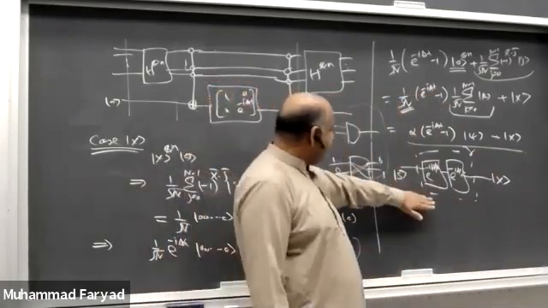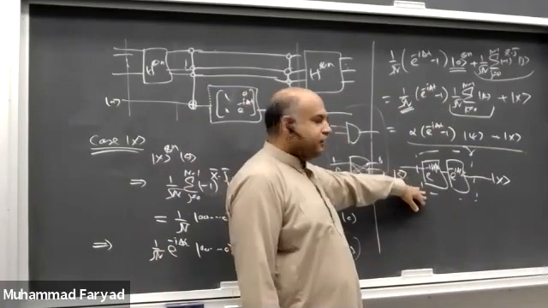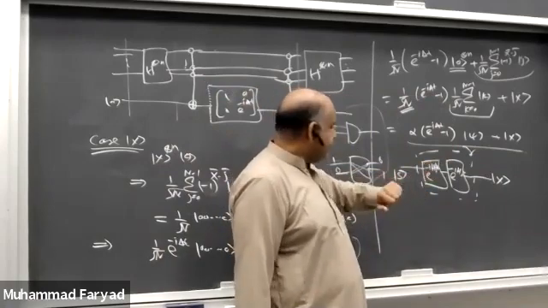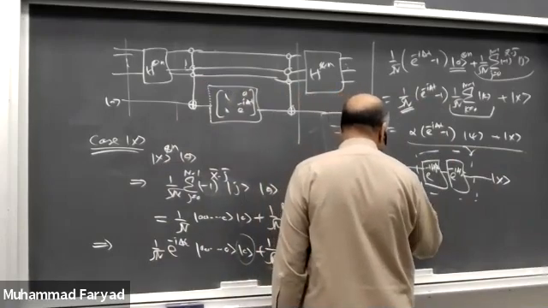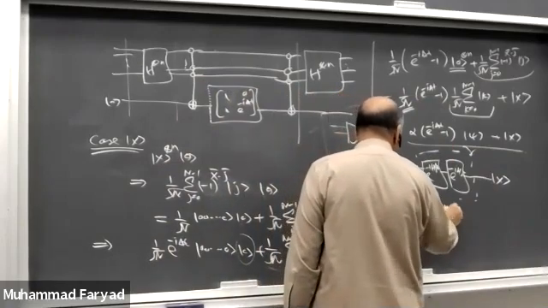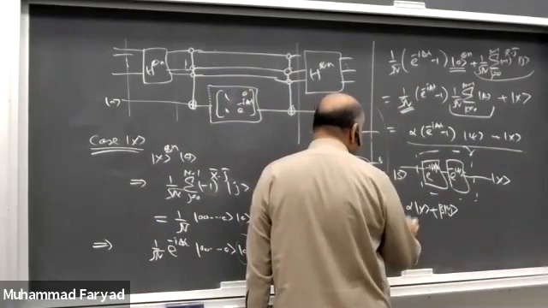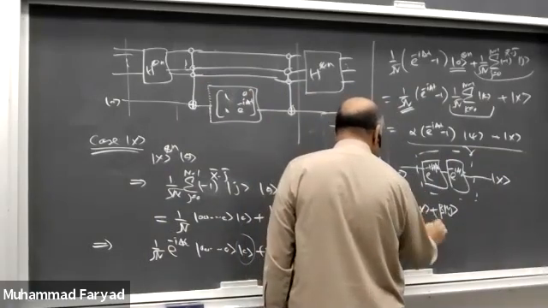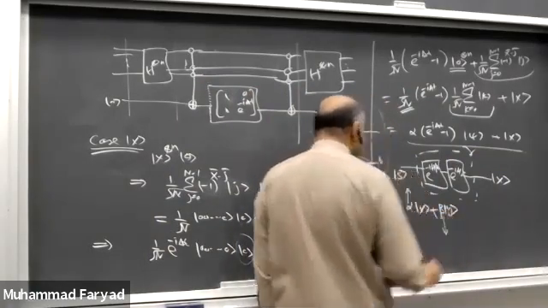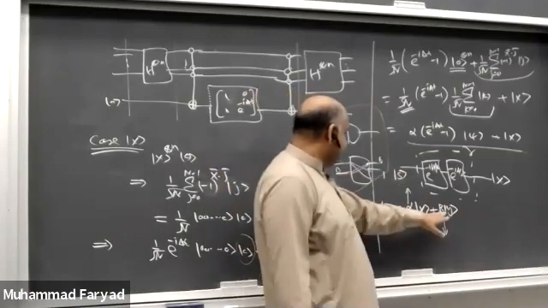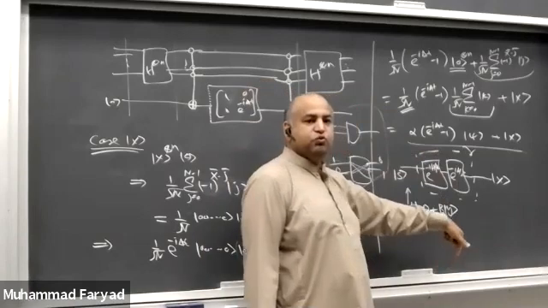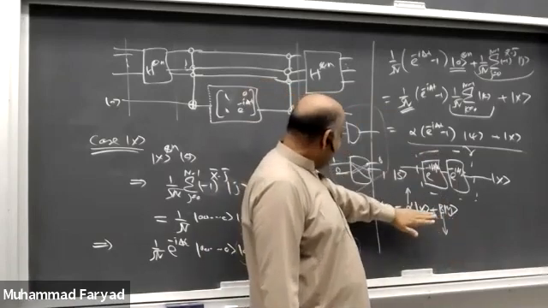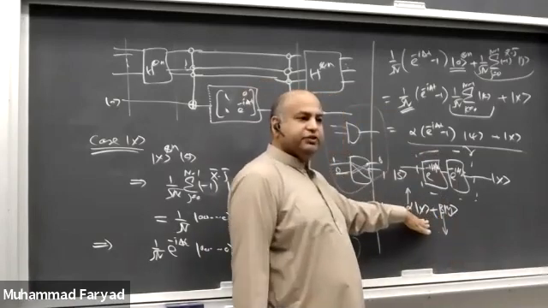This is actually a very powerful idea, not just for searching. If you imagine this S state was something like this, what we have done is amplified this amplitude and reduced this amplitude. Since these are equivalent to two orthogonal states, if this goes up, this has to go down for normalization. And this is called amplitude amplification.